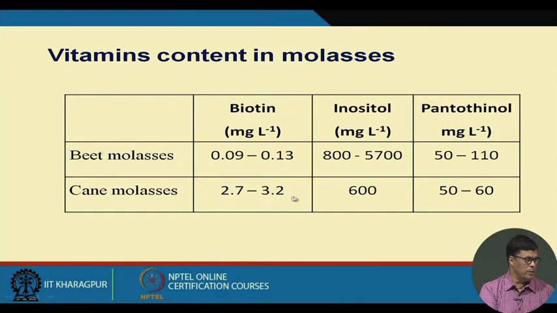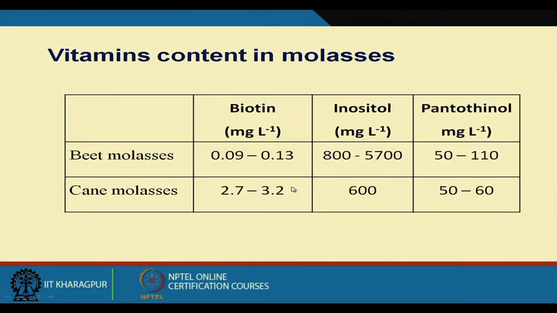In cane molasses, the biotin content is high. In beet molasses, the biotin content is comparatively less, but the other two vitamins are quite significant. So it is recommended that if we mix beet molasses and cane molasses in the ratio of 1:1, then it is ideal for the alcohol fermentation process.